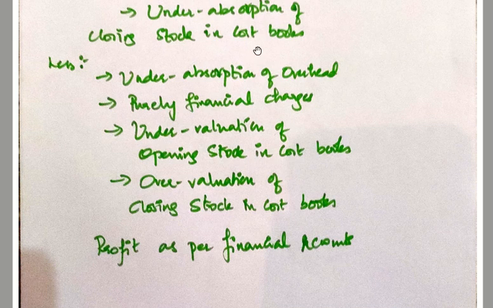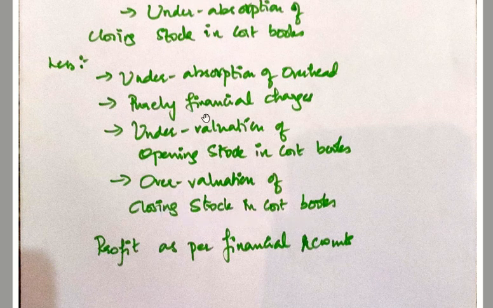Undervaluation of opening stock in cost books: overvaluation of opening stock will be added, and the reverse of it, undervaluation of opening stock, will be minused. When the opening stock in cost book is shown less than the financial book, then that will be minused. Overvaluation of closing stock in cost books: if the valuation of closing stock is more in your cost book than in your financial book, then that will be minused.